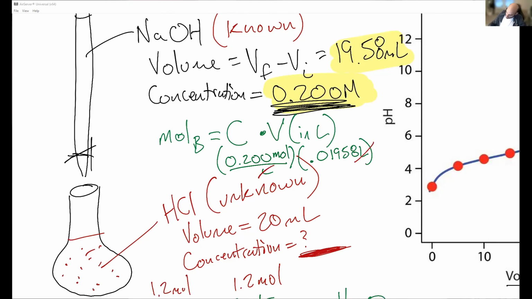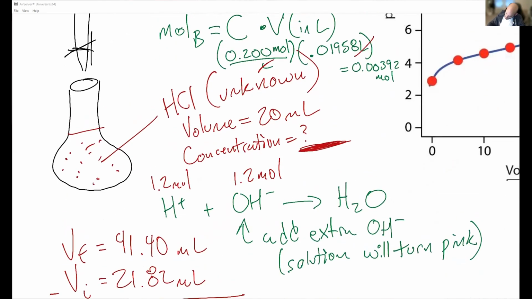So when I finish this calculation, let me do the quick calculation. 0.2 times 0.01958. My moles of base is 0.00392 moles. Okay, so that's going to be an important number.